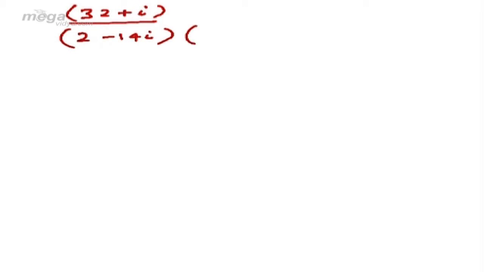Again we rationalize it. 32 plus i divided by 2 minus 14i. Multiply both numerator and denominator by 2 plus 14i.